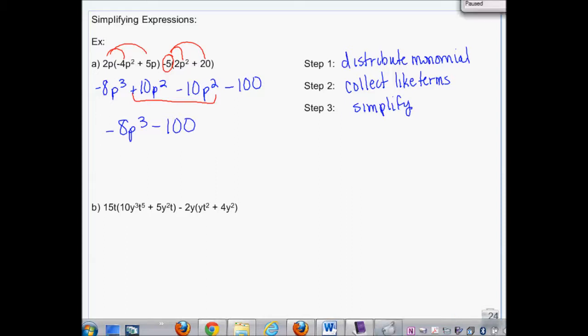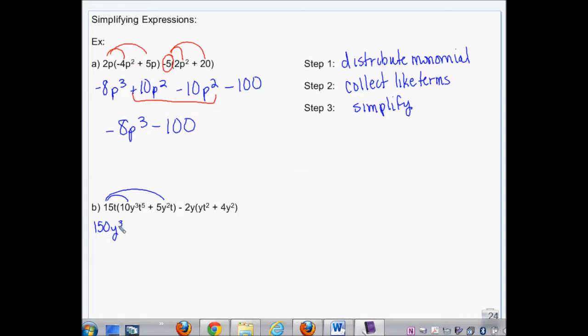So we have multiplication happening, we have multiple variables happening, and then we also have some simplifying that's going to need to occur. So here I have 15t times 10y to the third t to the fifth, and then times 5y squared t. So 15 times 10 is 150. There's no extra y's, so I just write the y's down.